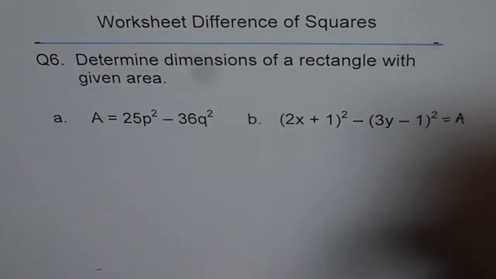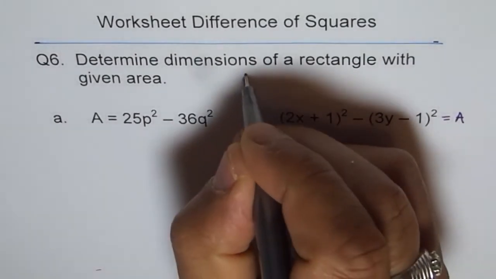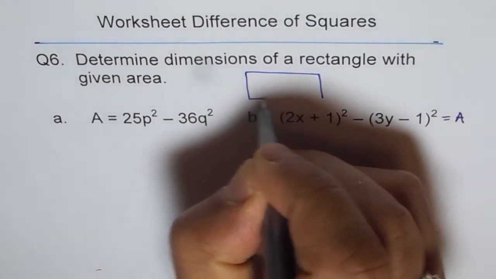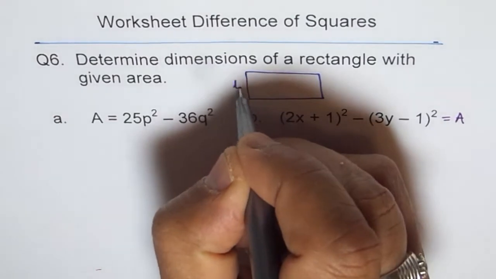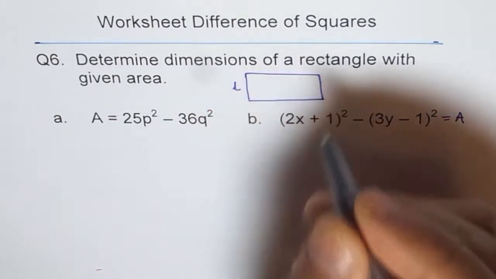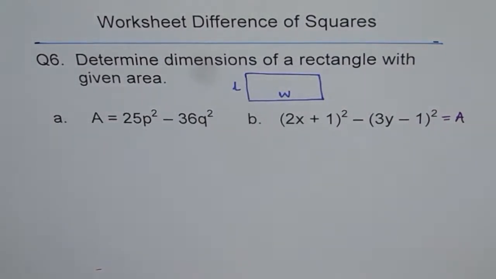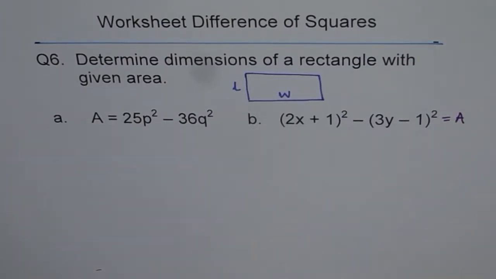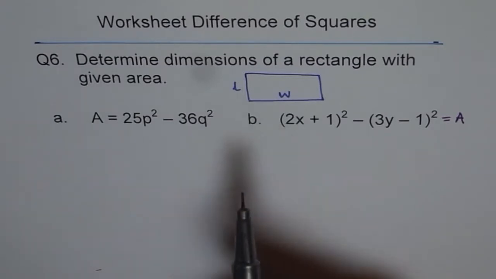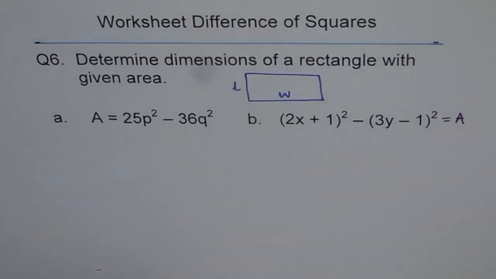So think like this, that we have a rectangle here whose length is L. Let that be the length, and width is more than the length. So let's have this rectangle, and we have liberty to write any variable for any side. Normally lengths are always longer than the width, but let it be this time length smaller, width longer for a change.